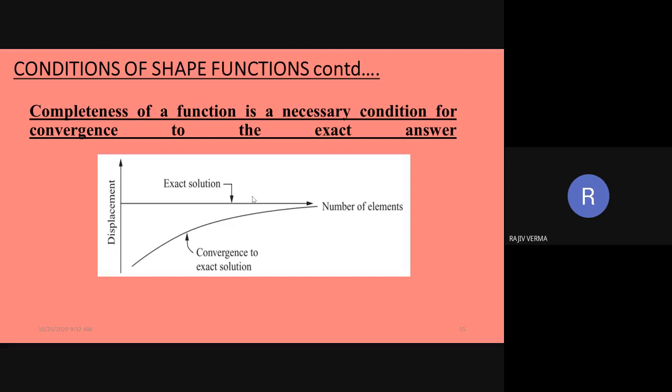Tolerance basically is the margin of error which is acceptable according to your requirements. So if you desire that your FEM solution should be closer to the exact solution, you can specify a tolerance level which is very low.